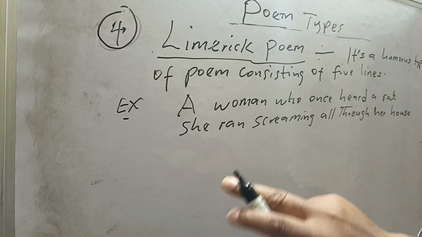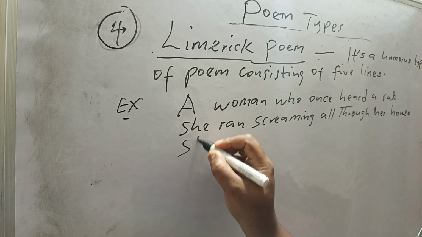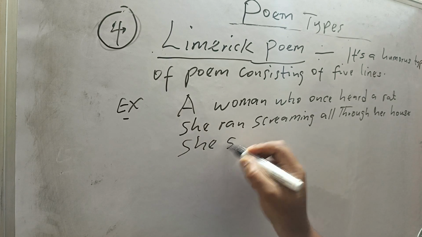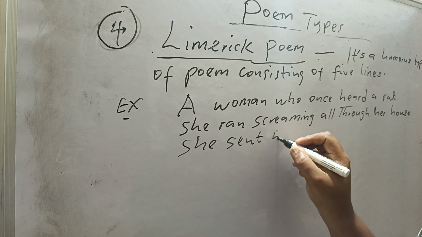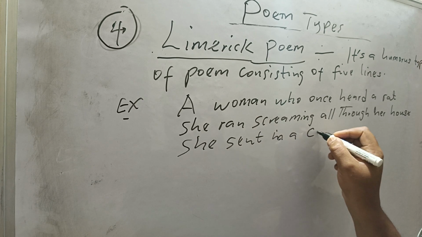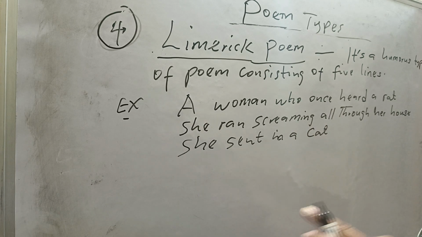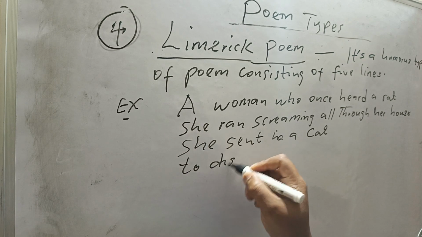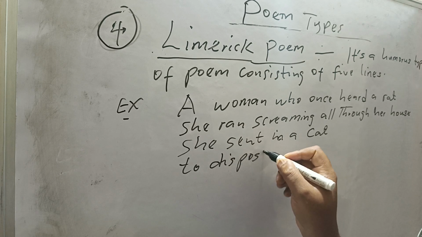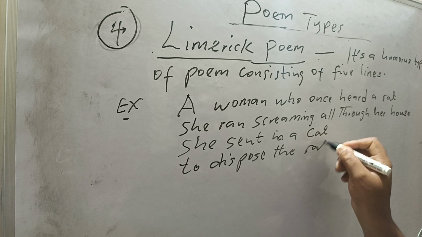So this is the second one, the second line. Now she sent in a cat after the rat. So this is the third one. She sent in a cat, the third one. To do what? To dispose the rat. Yes, the rat.